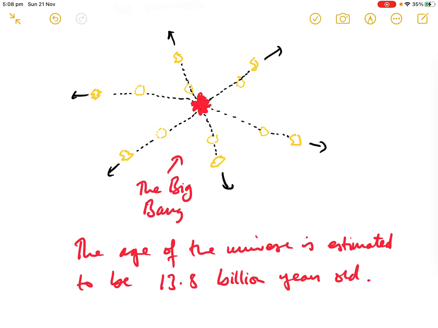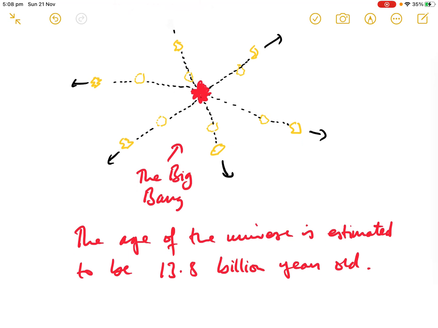So 13.8 billion years ago, we believe that all matter and energy in the universe came from a point, in fact a singularity, and we do not understand how that happened, or even whether we can describe it in any meaningful way at all, to be honest, because the laws of physics break down at the Big Bang. But nonetheless, Hubble's research and evidence gave us direct evidence that the universe is expanding and led us to estimate the age of the universe at 13.8 billion years old.